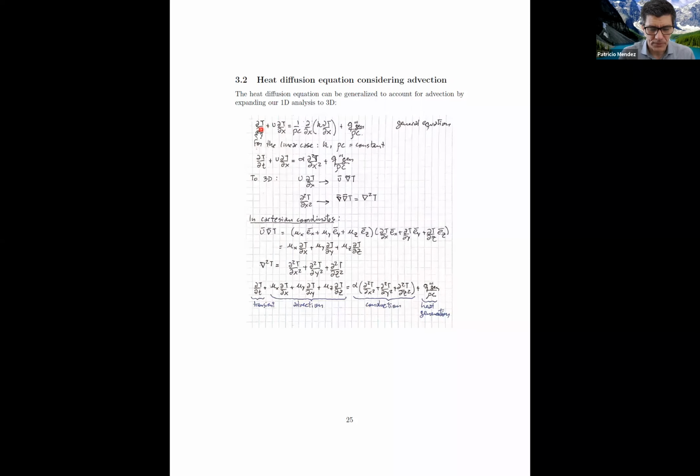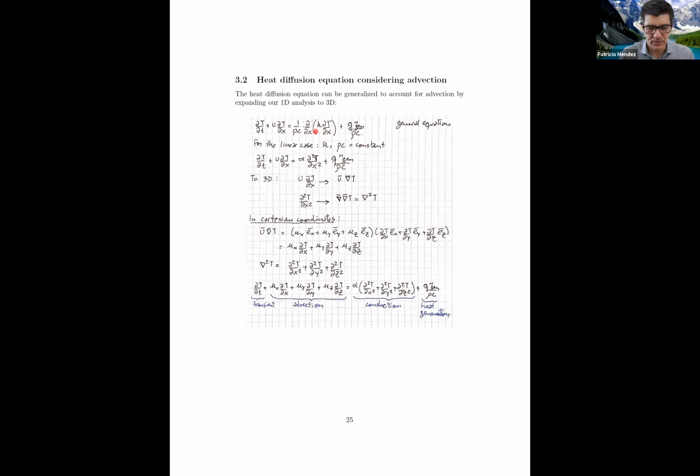The function of the first term is the transient term. You see, it's variations of temperature with time. The second term has a velocity term. This is advection. The third term has thermal conductivity. This is conduction.